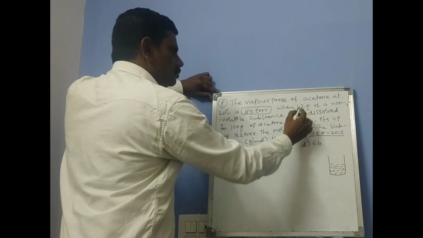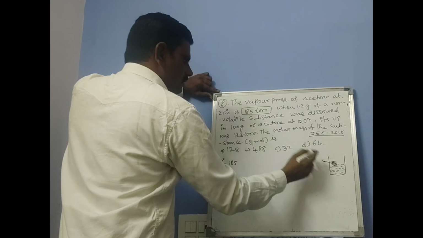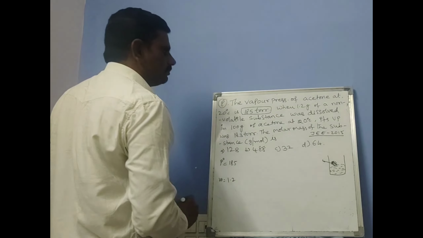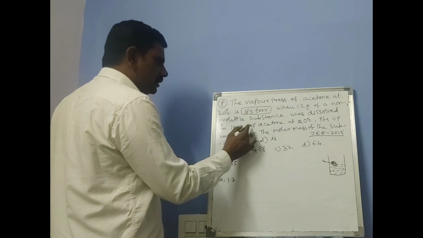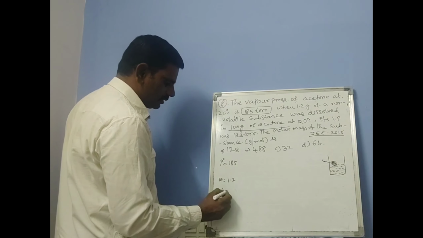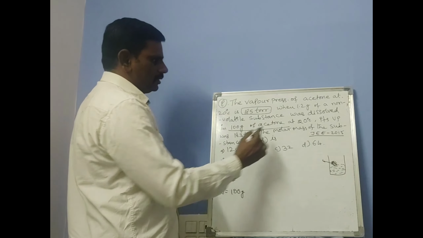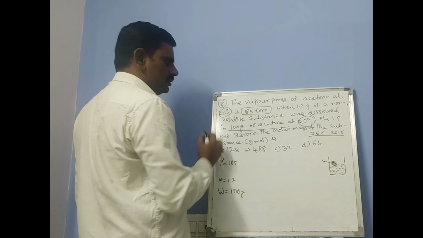When 1.2 grams of a non-volatile solute is added, its weight is small w, 1.2 grams. The non-volatile substance was dissolved in 100 grams of acetone. How much acetone has been taken? Capital W, weight of solvent, is 100 grams.